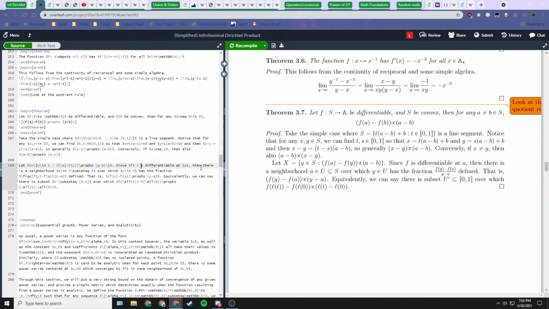Since 0 equals a minus b times 0, then 0 is proportional to a minus b. And so 0 is in X.